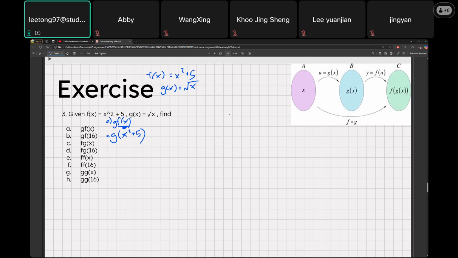Okay, next, our function g, which is the square root of x. So g, and this is your new object. You just square root your object. It's placing x squared plus 5 in this x.